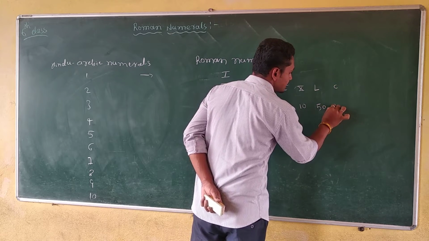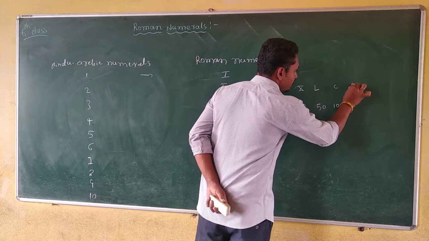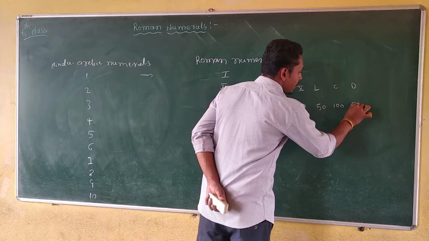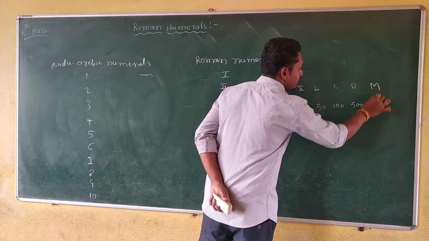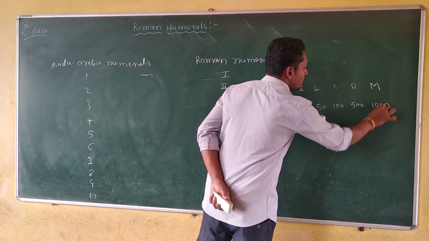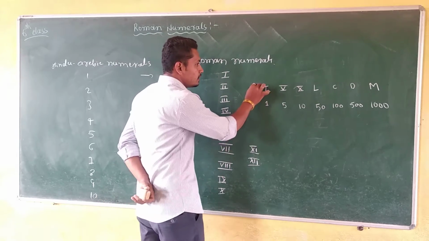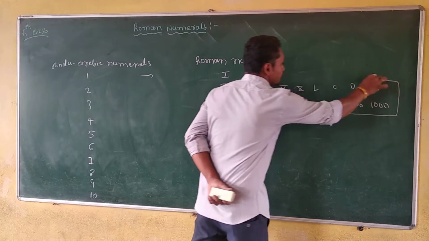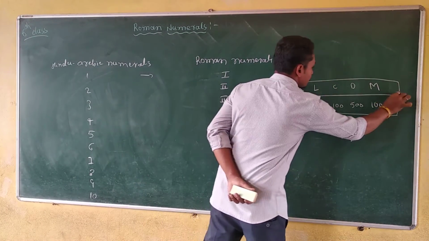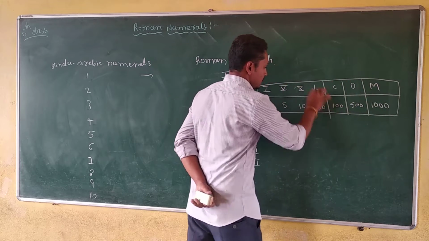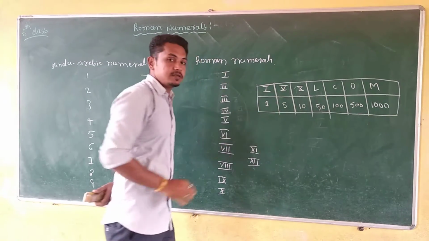The value of C is 100. The value of D is 500, and the value of M is 1000. So you should remember this chart. Please note down this chart.